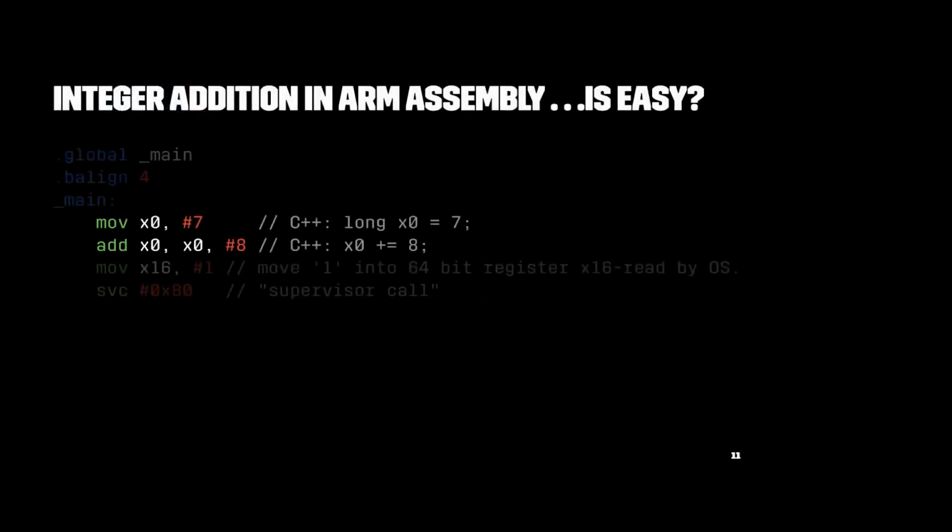Okay. Now, I think the most interesting thing about assembler is that when you're doing very fundamental things, it turns out it's kind of easy. So here's the first thing: if we want to add two integers, we start off by assigning a variable the value 7, and then I want to add 8 to it.